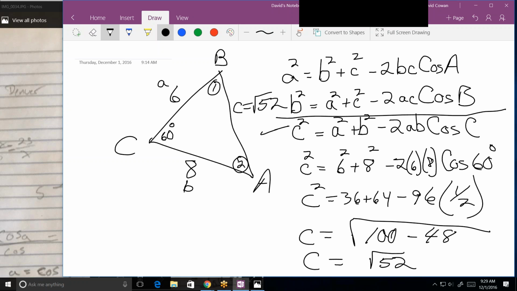And I suspect that whatever kind of problems you're going to give me on paper, that's the eventual goal. In other words, once you draw your triangle, you have to solve it, using a combination of the law of cosines combined with the law of sines. Now, we haven't gotten to the law of sines part yet, but we can.